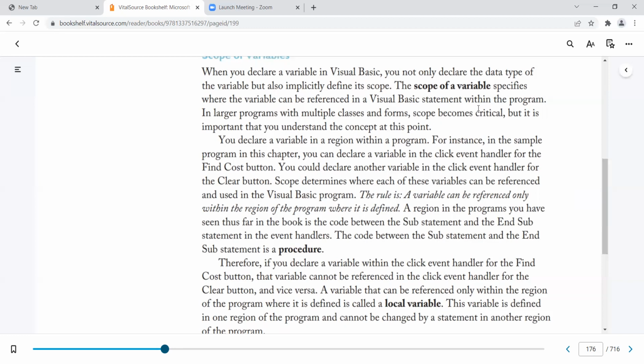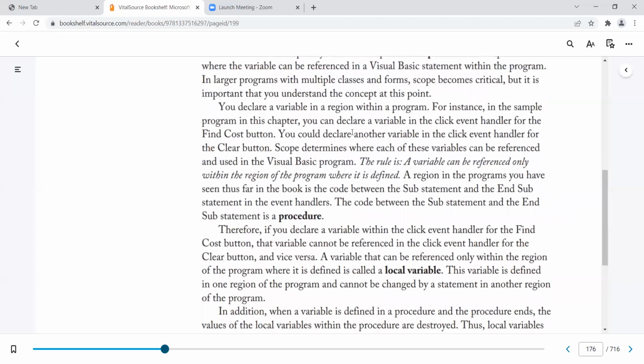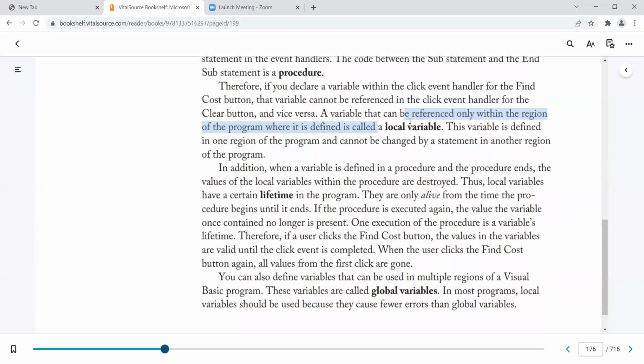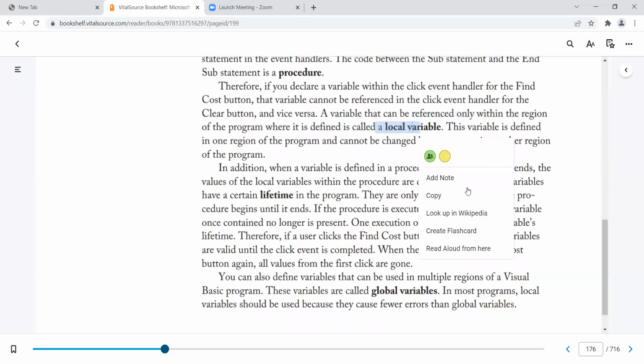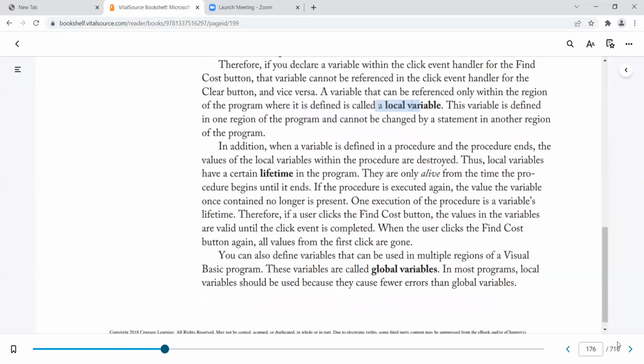Keep in mind, from day one, when you do coding, no matter if it's VB, C++, Java, Python, or PHP in the future, you always make your variable stay local, within a function, within a procedure, within a method. Do not declare global variables. You can read about it. So always use local variables, because it will help you control things. You never know what happens if you have thousands of lines.